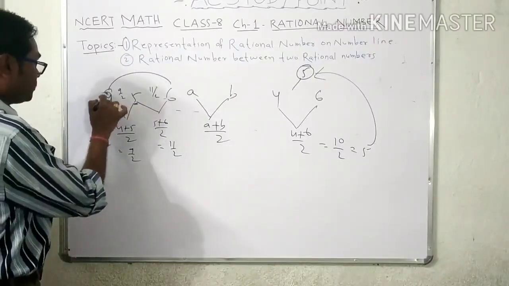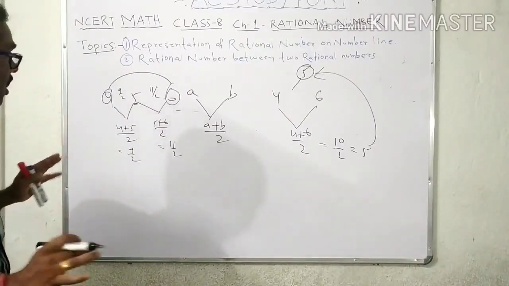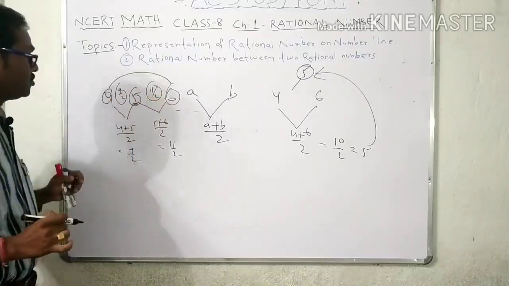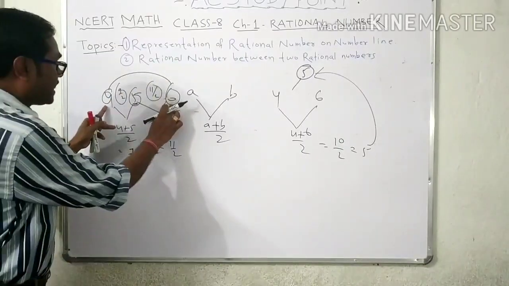That means between 4 and 6 we have got 3 rational numbers: 9 by 2, 5, 11 by 2. These are the rational numbers between these two rational numbers.